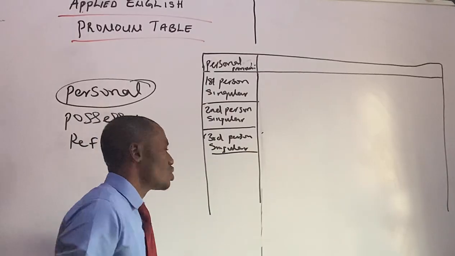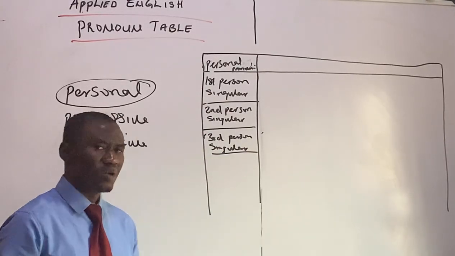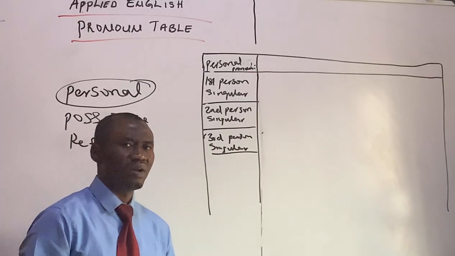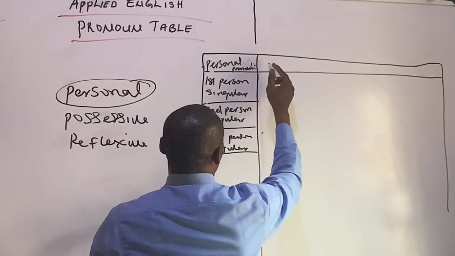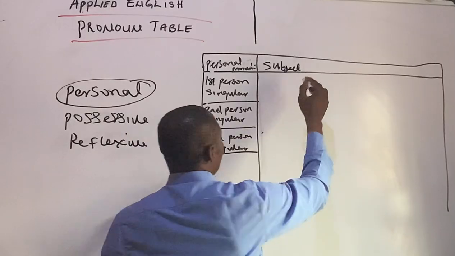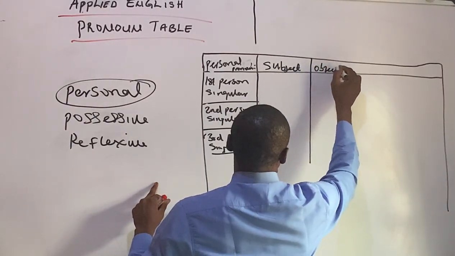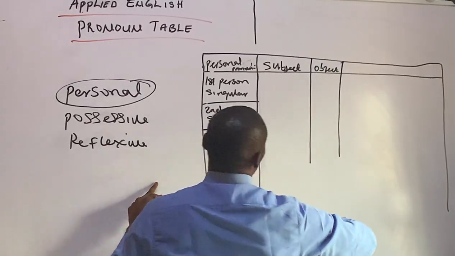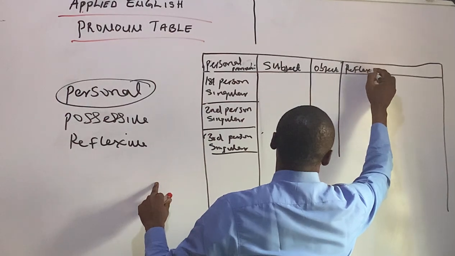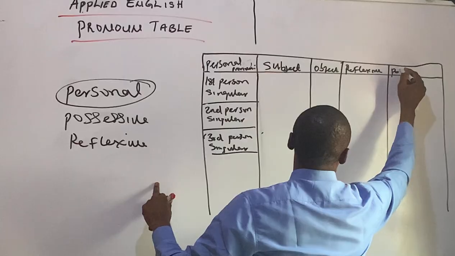Also we have the first person plural, second person plural, and third person plural. Well, let's deal with the first person singular, second person singular, and third person singular. So we have the subject, which is my function, the object, the reflexive pronoun, and the possessive.